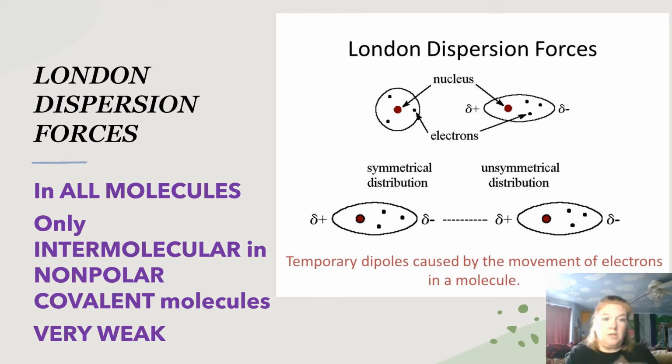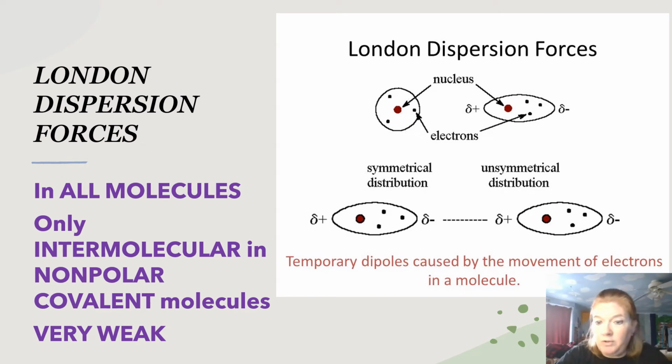Even though polar covalent also have them, they're the only ones. What happens is that there's a temporary shift in the movement of the electrons, so there's a temporary positive and negative that attract each other. So London dispersion forces, super weak. Non-polar covalent only have these, right?